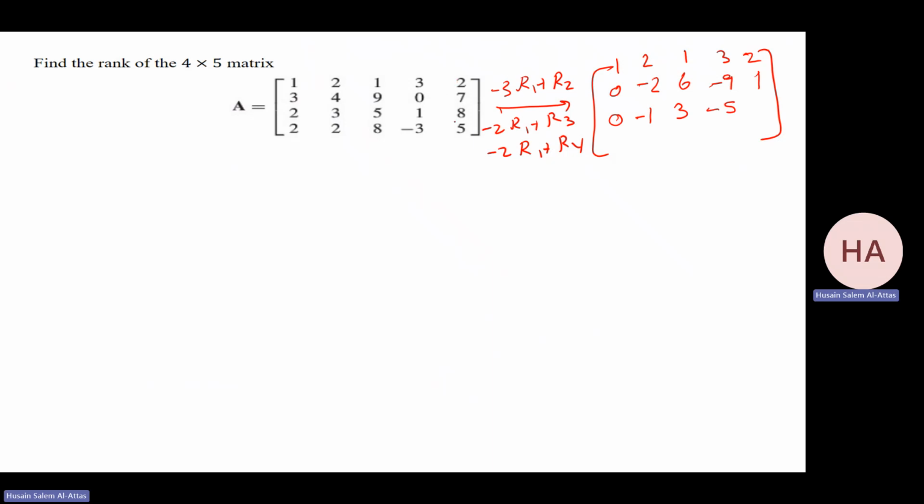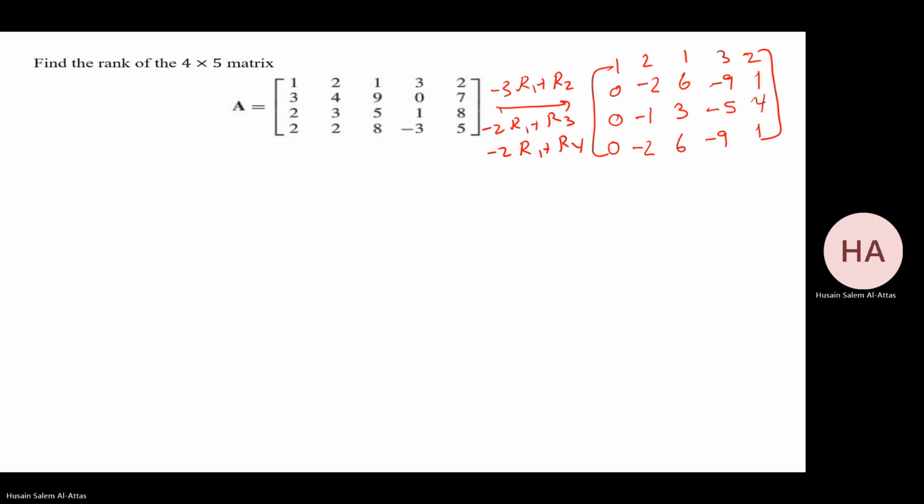Minus 2 and add, that gives me minus 4 plus 8, that gives me 4. Minus 2 and add, that will be 0. Minus 2 and add, that gives me minus 2. Minus 2 and add, that gives me 6. Minus 2 and add, that gives me minus 9. Minus 2 and add, that gives me 1.